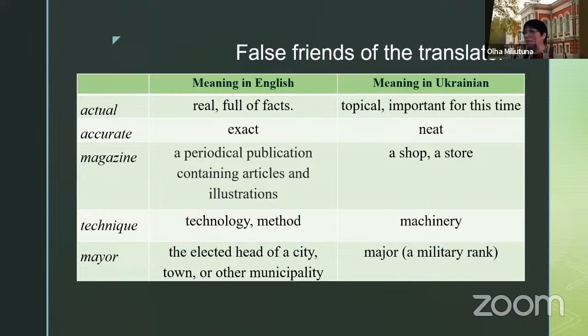Technique in English means method, and technology or machinery in Ukrainian. And what about mayor? It is the elected head of a city, of a town, or other municipality in English, and in Ukrainian, it is major, a military rank.